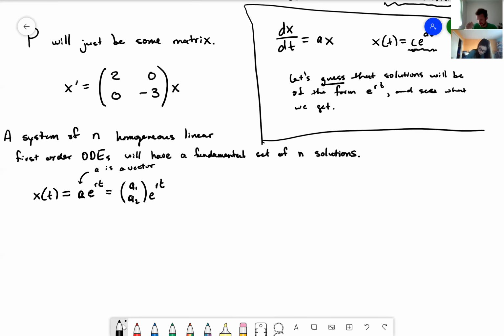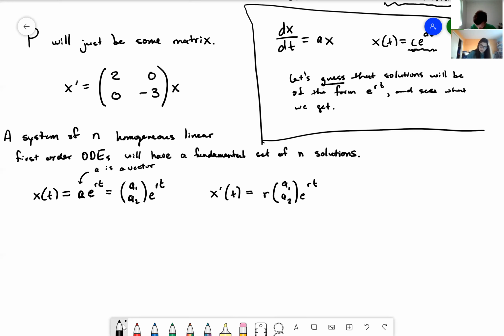Anyway, we're going to assume that our solutions are of this form, and so x prime of t will be equal to r times a1, a2, e to the rt.